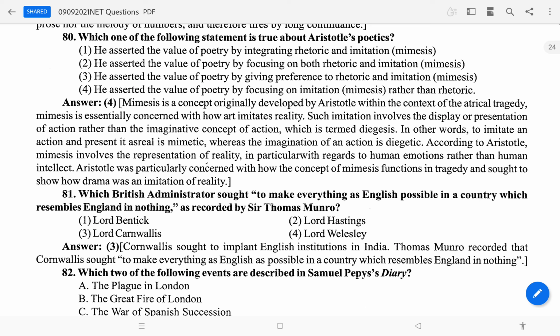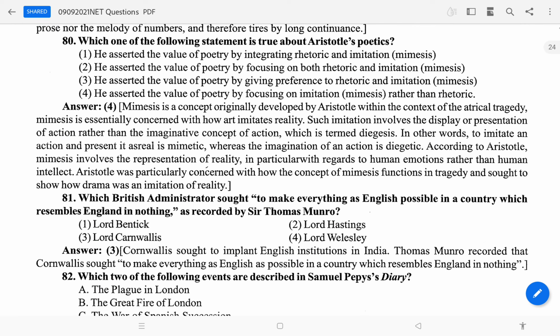According to Aristotle, mimesis involves the representation of reality, in particular with regard to human emotions rather than human intellect. Aristotle was particularly concerned with how the concept of mimesis functions in tragedy and sought to show how drama was an imitation of reality.